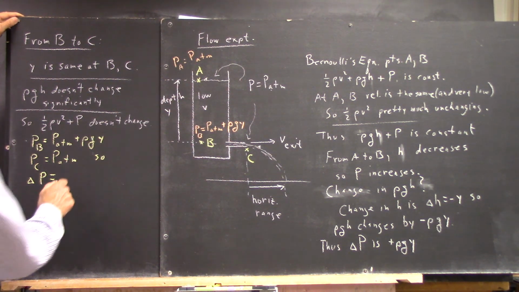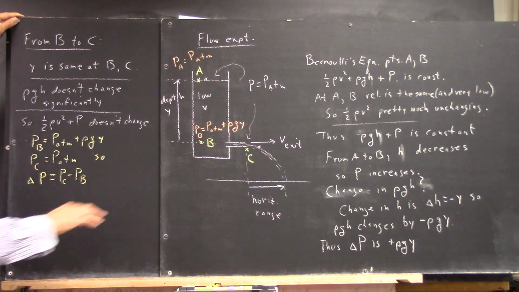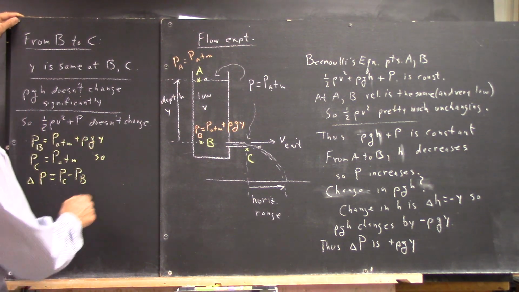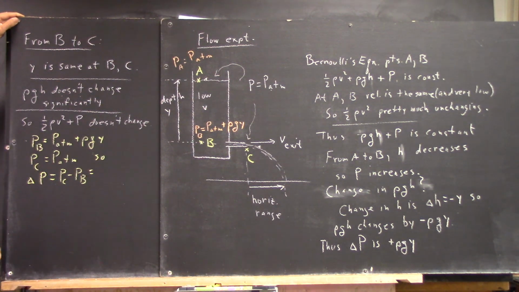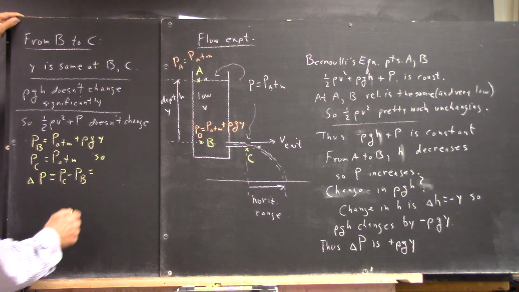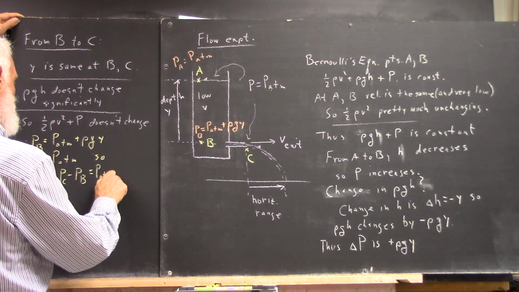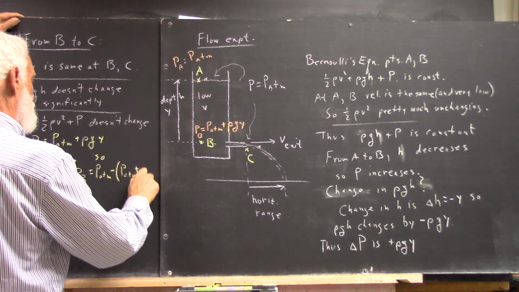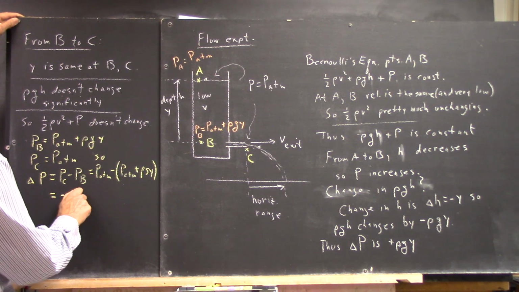Yeah, it's going to be pressure at C minus pressure at B. And we maybe write this down just to be sure we've got the signs right. Make sure the formalism works and confirms or corrects our intuition, right? So that's pressure of the atmosphere minus pressure of the atmosphere plus rho GY, and that equals negative rho GY.